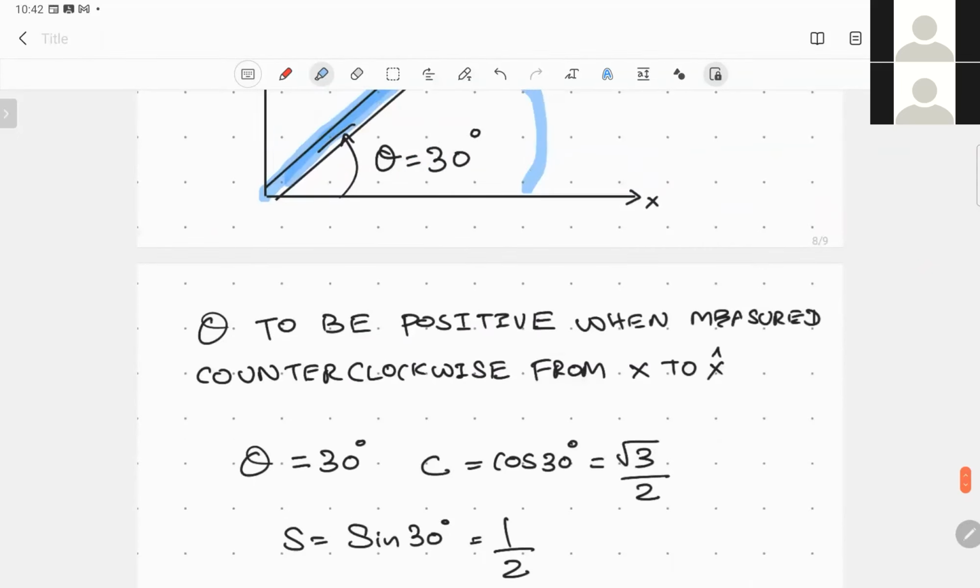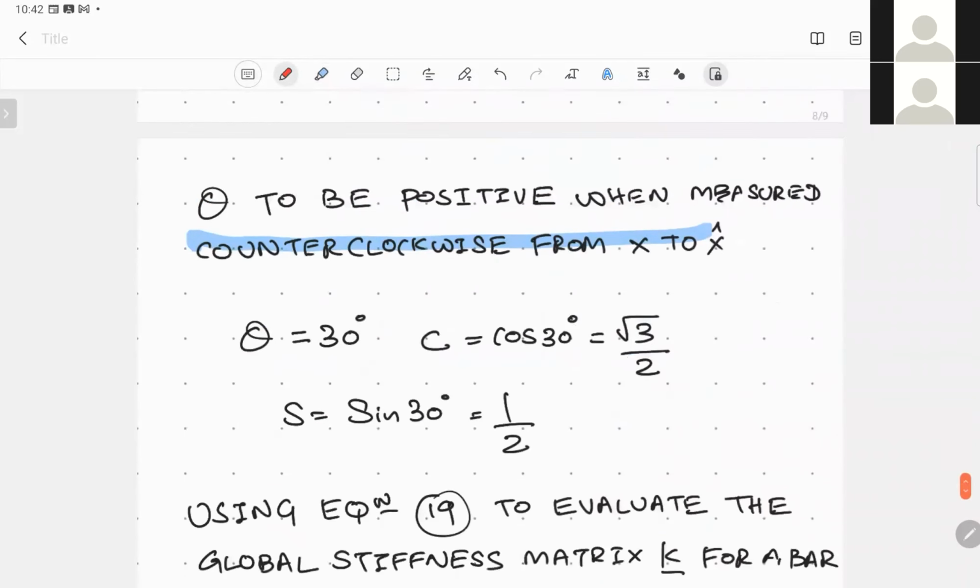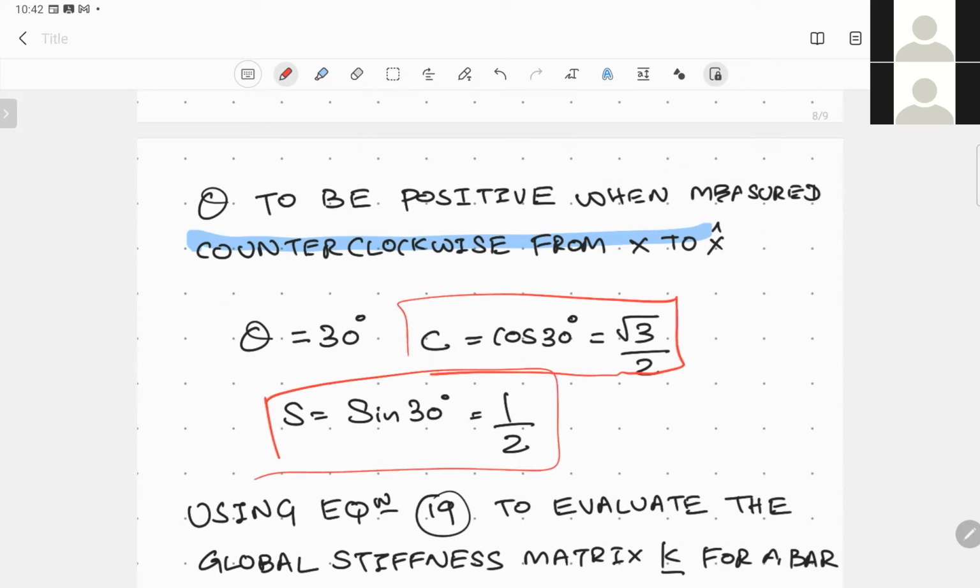What you need to first do is, since the rotation is anti-clockwise, we consider theta to be positive when it is measured counterclockwise from x to x hat. This is a sign convention that we will be using throughout this course. So theta is the angle of rotation. Cos 30 and sine 30 you can obtain by simply substituting these values.